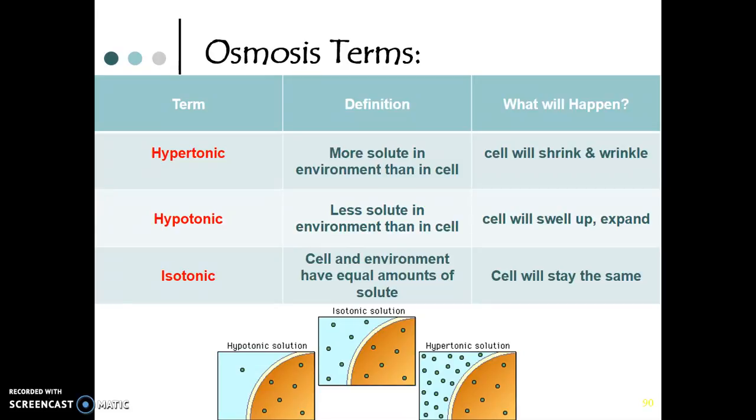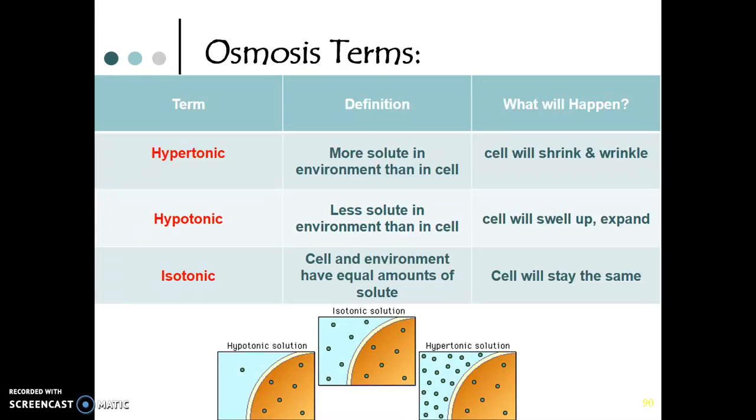These words are used to describe the environment. Okay, that is the most important thing to remember. The proper usage of these terms is in relation to the environment. The environment is hypertonic. Okay, so hyper means more than.